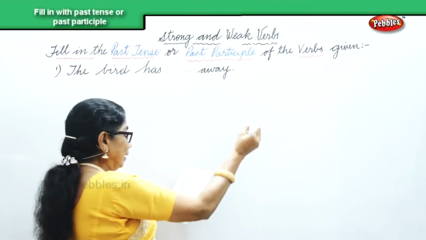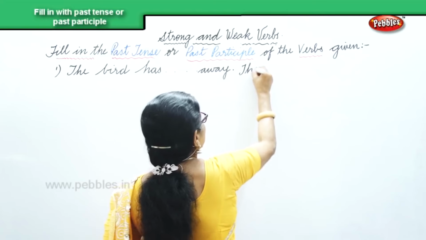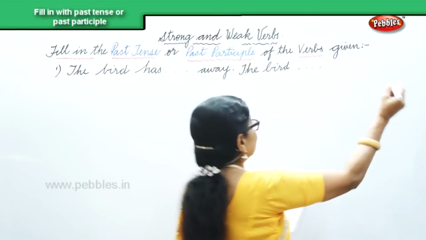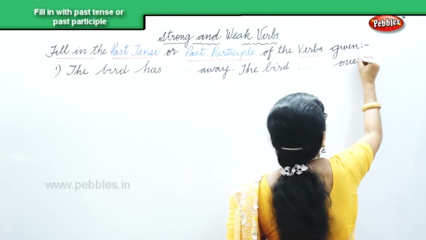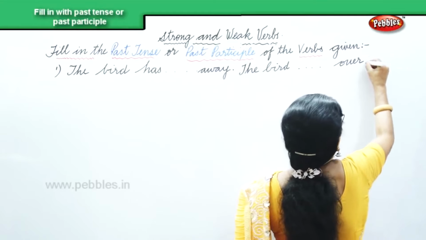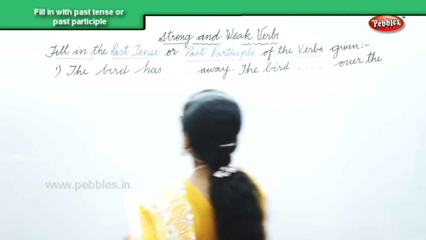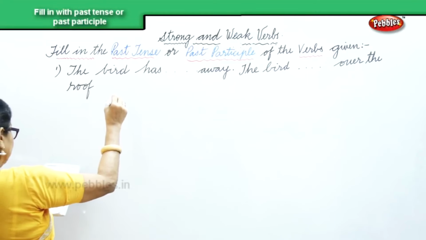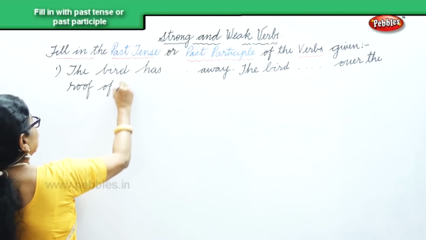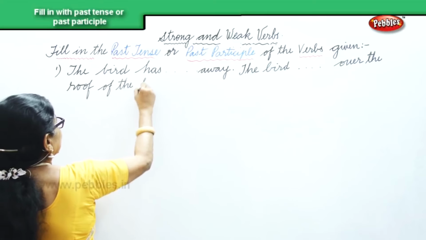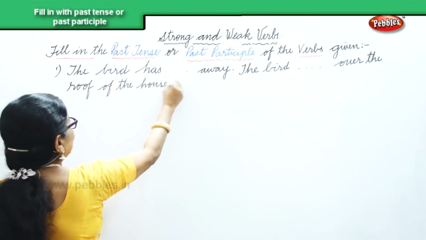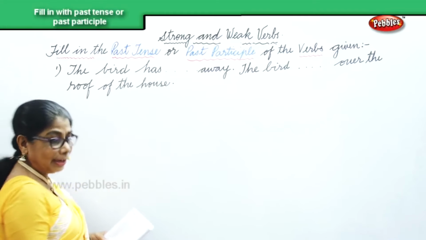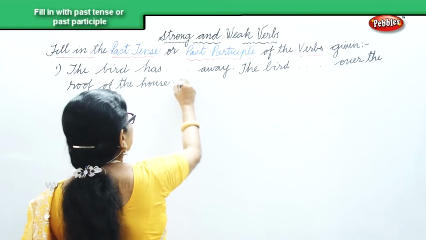And then you have another sentence, the bird dash over the roof of the house. So you have two fill-ups to do. Past tense and past participle, and you are also given a verb in the bracket.